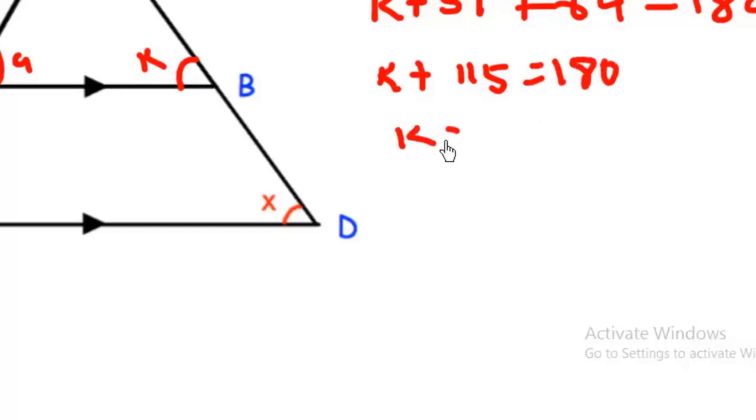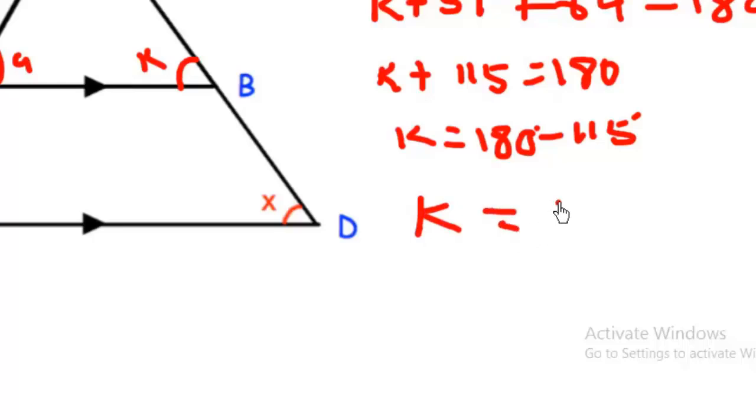So K will be equal to 180 minus 115 degrees. Hence, K will be equal to 65 degrees.